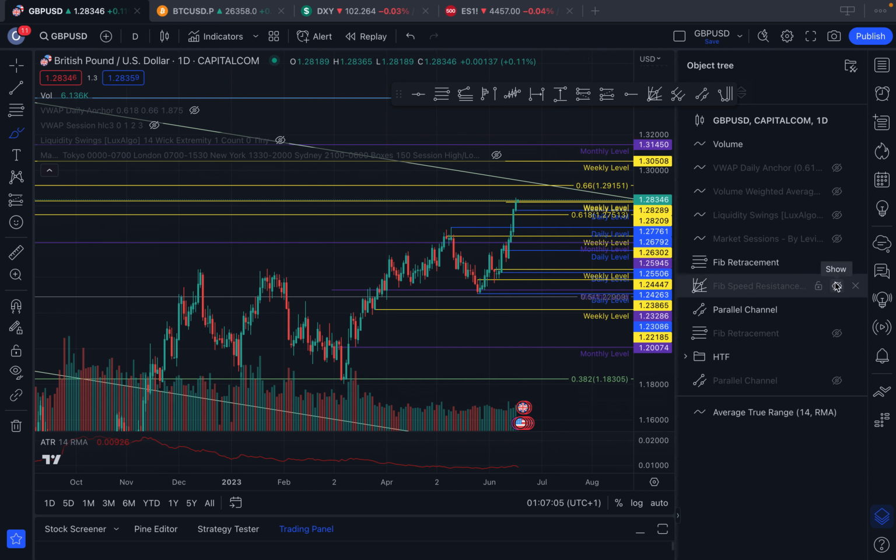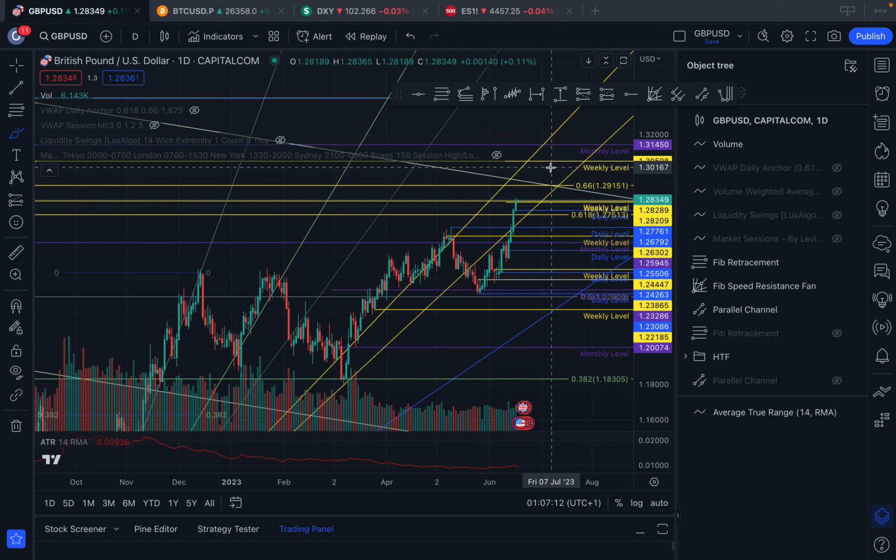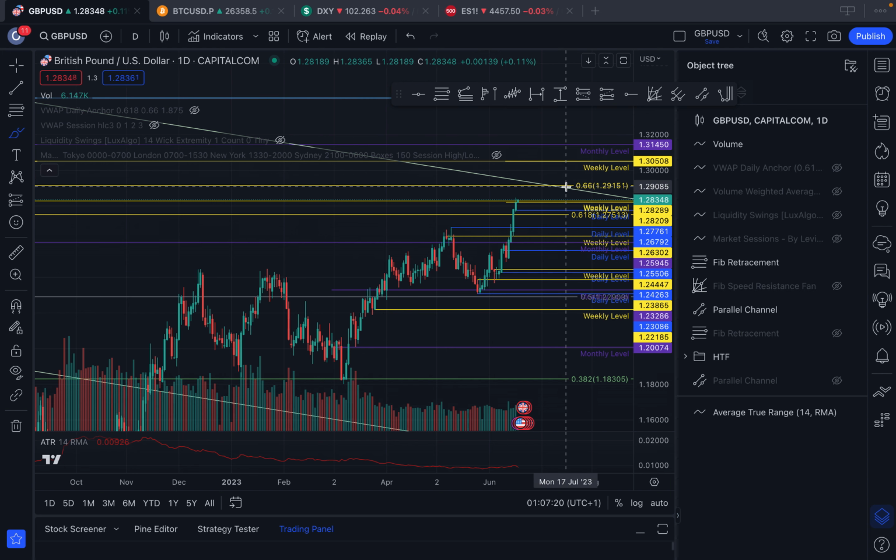And then we did that speed resistance, as you can see, that's coming up right in the middle as well. So that's another one that we could add to our confluences. So we've got weekly level 6.6, the high time frame parallel channel. I don't know what else we can add on there, to be honest, apart from Elliott wave, which we'll go through a little bit as well.